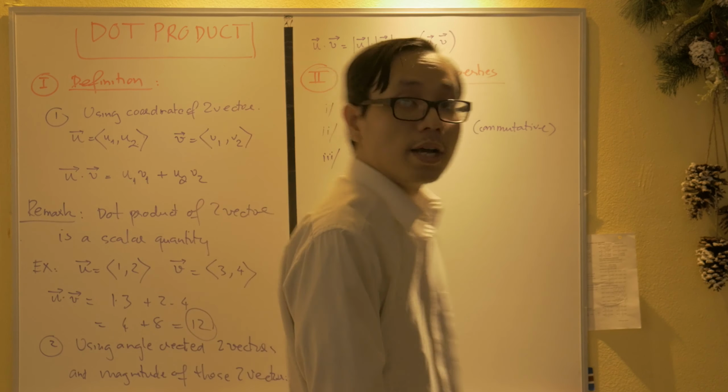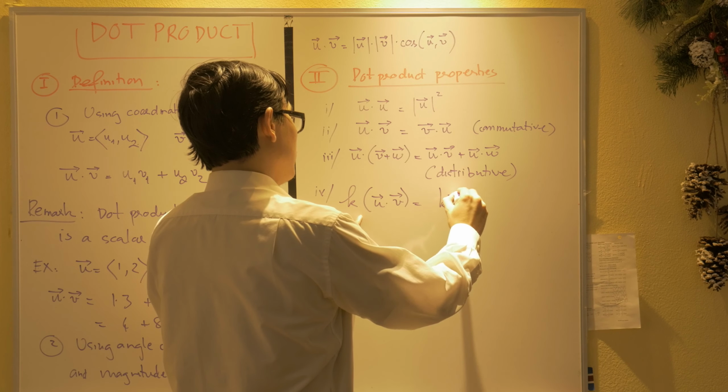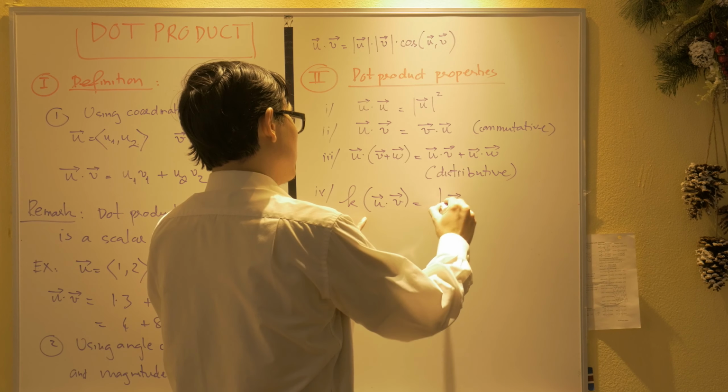We don't have associative, I'm sorry guys. However, we have something like this. Also, if we multiply a k value by the dot product of u and v, then it can give you k u, dot product with vector v. It could also be u dot k times vector v.